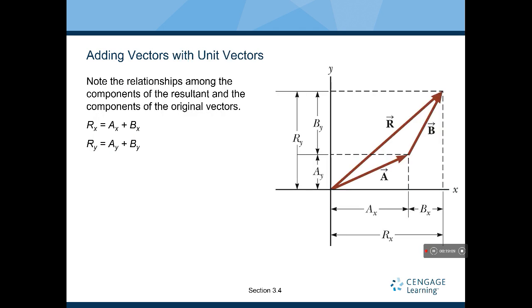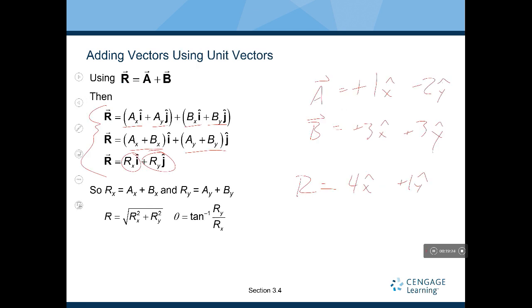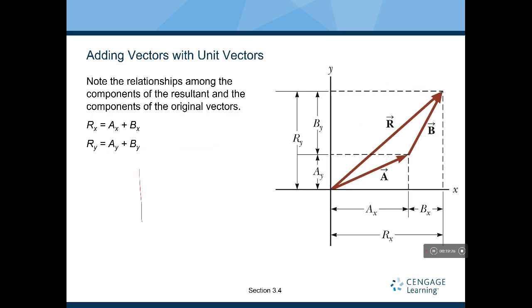Adding vectors with unit vectors, you can essentially do pretty much the exact same thing. You add the A_x, you add the B_x, and this is just showing you visually what was on the last page. Or I can use my numbers to do the exact same thing. 1x negative 2y, there was my first vector.